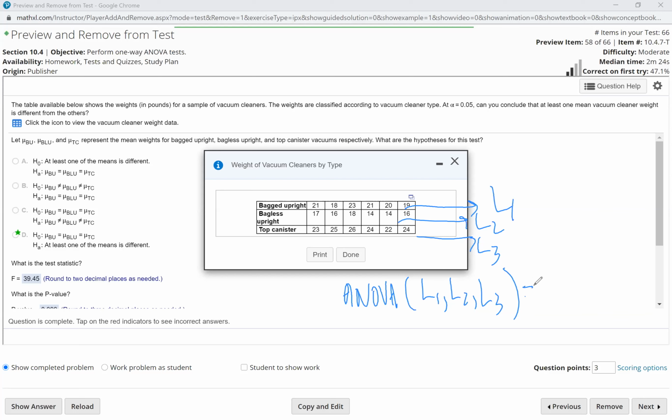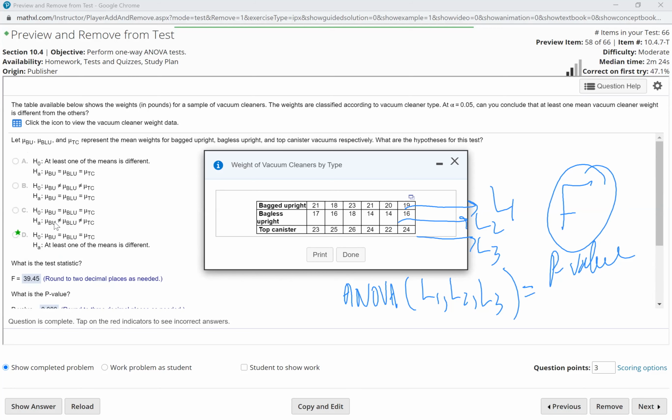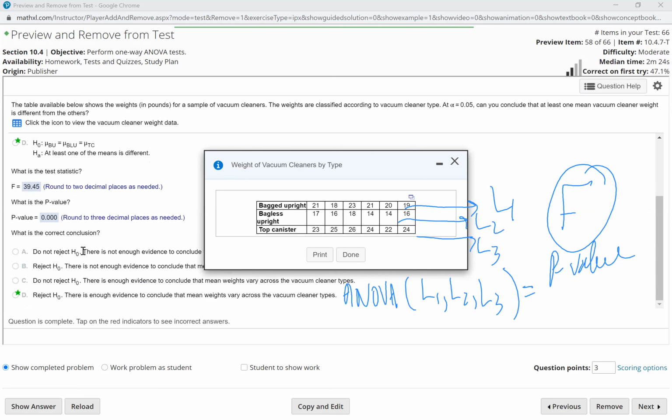And you will get F, which is the test statistic, and you will get the p-value. Here, F is huge, as you can see. The p-value is 0. Then you reject H0, and where the claim is, it says at least one is different. So the claim is in HA, and you support the claim. Okay, let's see what else.